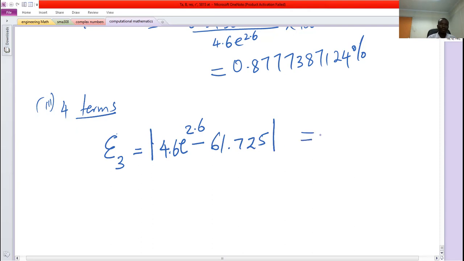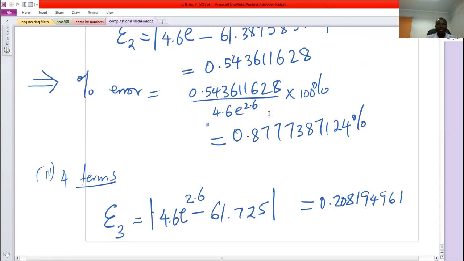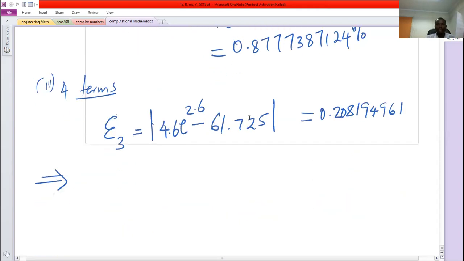This will give you 0.208194961. You see also here the error is 0.2, previous step error was 0.5, so the error has also reduced.